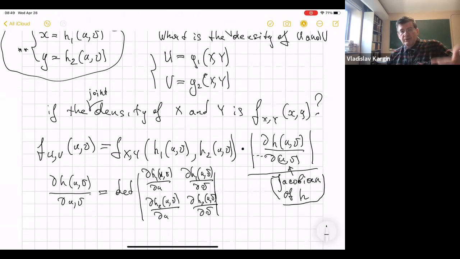So the first row is h1, the second row is h2.